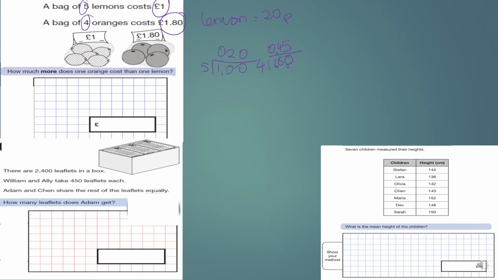So each orange is 45p. So how much more does one orange cost than one lemon? So it'd be 45p subtract 20p, which would give us 25. But because we've got a pound sign in there, we're going to have to display it like this, 0.25.